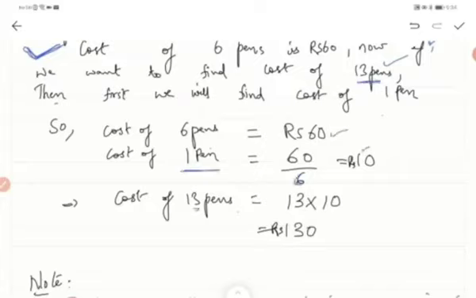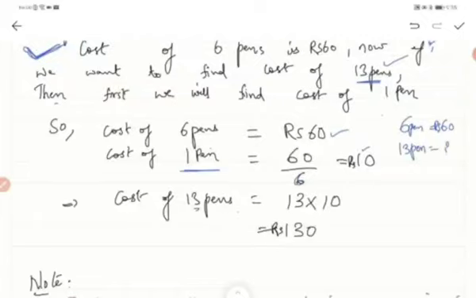Now you can use the direct method of ratios. How do you do that? What is given? 6 pens cost 60 rupees. Now they're asking us to find the cost of 13 pens.